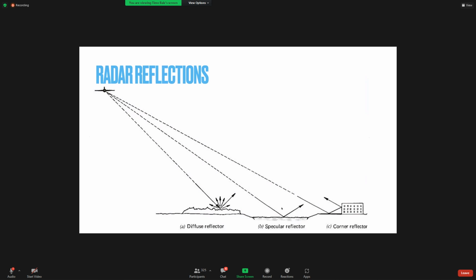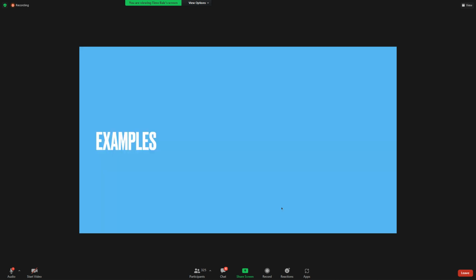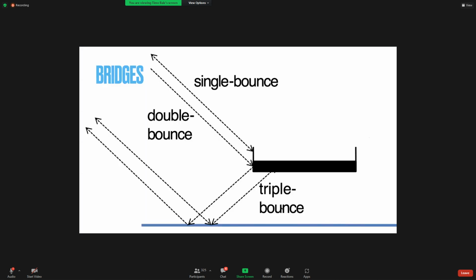We are now talking a bit about SAR image interpretation, right? And on some examples. I like the example of bridges, because we can see these different bouncing effects very clearly. So we have the single bounce effect, where, for example, you hit the bridge and reflect directly back to the sensor.